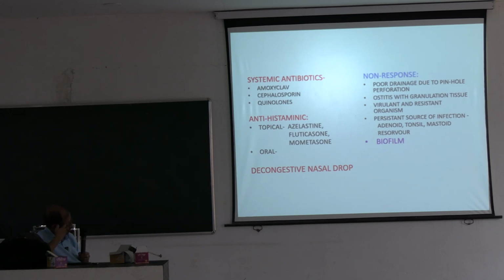They may be a reservoir inside the temporal bone, and adenoid in case of child, and in case of tonsillitis, recurrent tonsillitis, or adenoiditis, recurrent rhinitis, giving rise to recurrent ascending infection into the middle ear, giving rise to recurrent infection of the middle ear. And biofilm. Biofilm is due to injudicious antibiotic use.